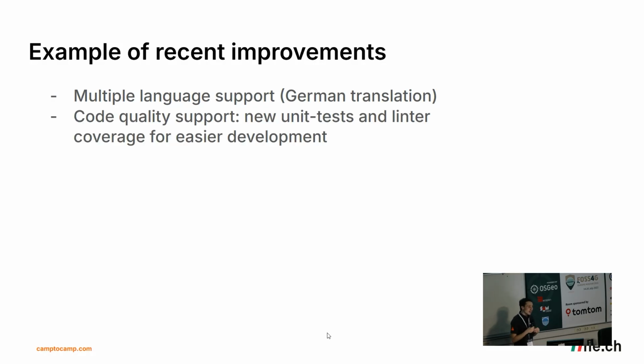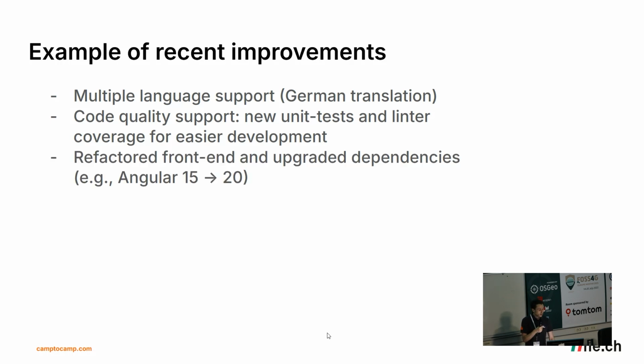We also added a lot of unit tests and linter coverage, just so that we can develop the product more easily. We did a huge refactoring of the front end and upgraded a lot of dependencies. For example, Angular 15 to 20, this was quite challenging. We had to do a lot of changes for that.